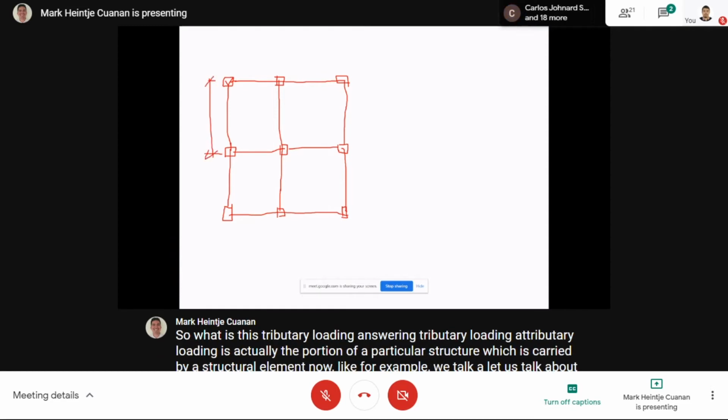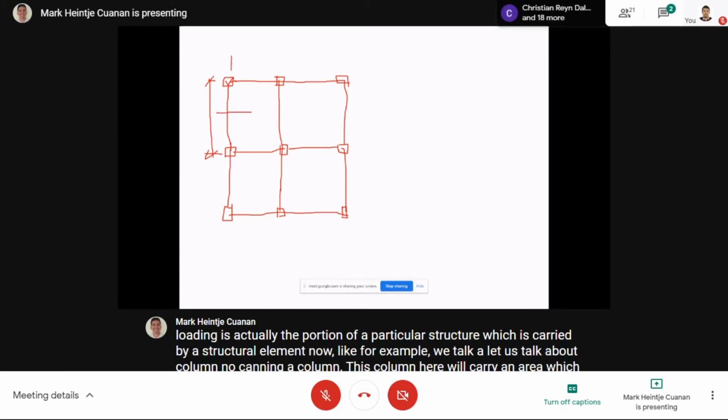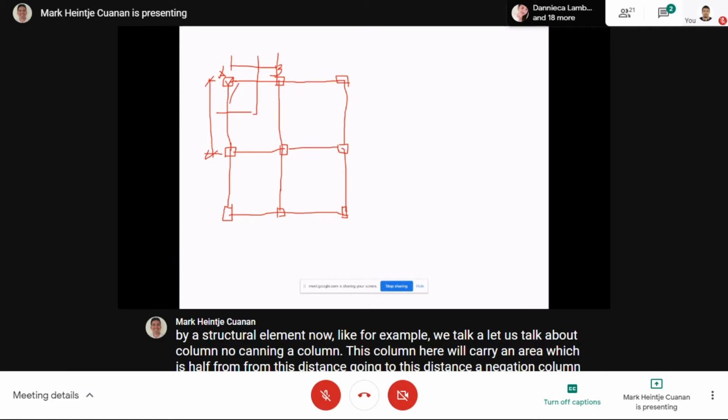This column will carry half of it. Meaning from here take half, and at the same time from column A to column B take half of that distance. So this would be the tributary loading. Okay? All of the structure connected within this shaded line will be carried by this column.